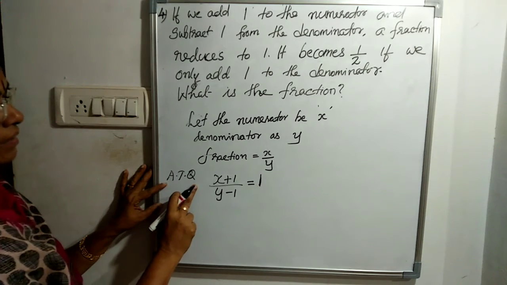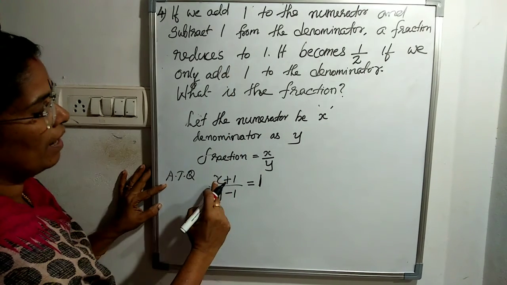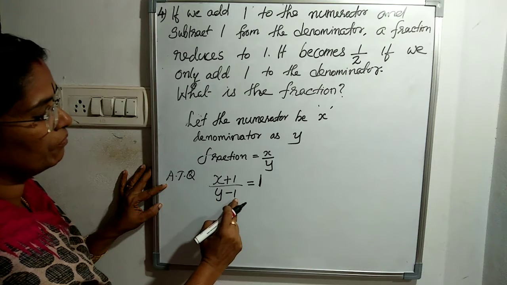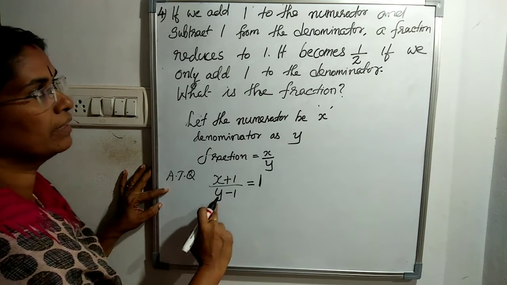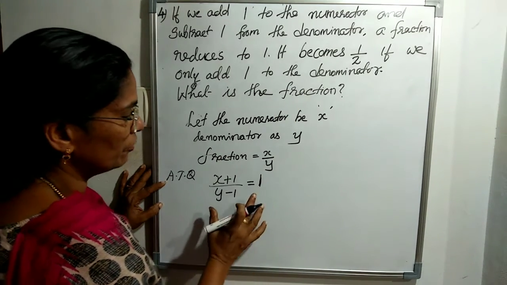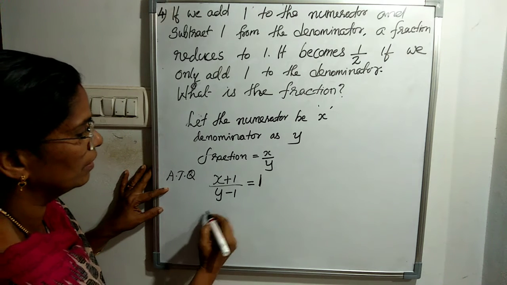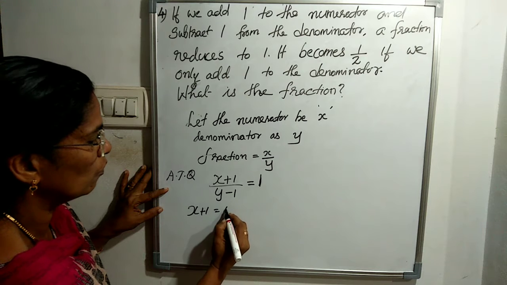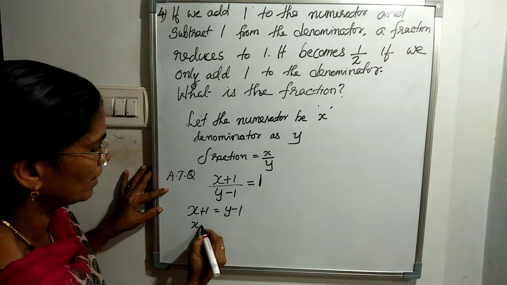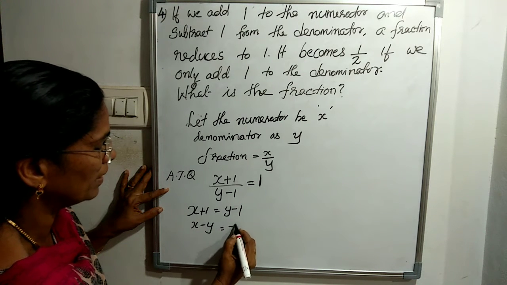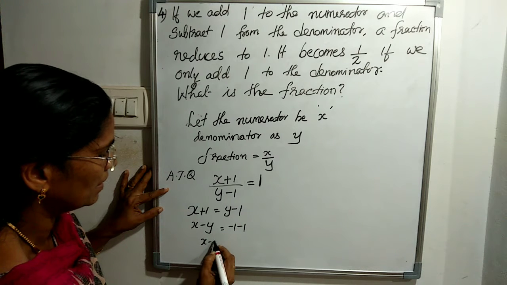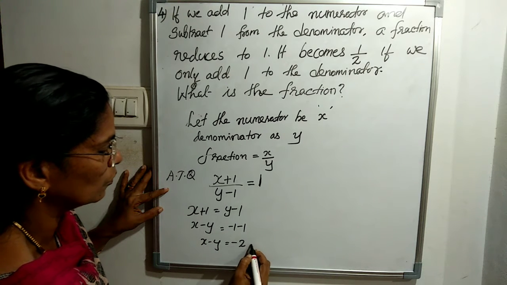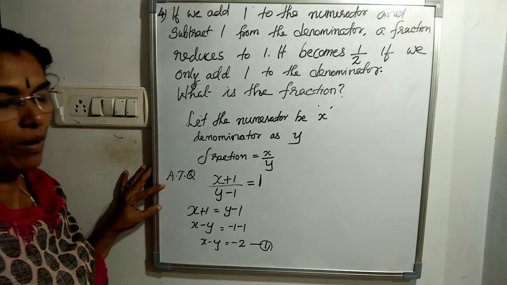Now first you have to make this an equation. Just cross multiply. Then we get x plus 1 equal to y minus 1, or x minus y is equal to minus 1 minus 1. So x minus y equal to minus 2. We can write this as equation 1.